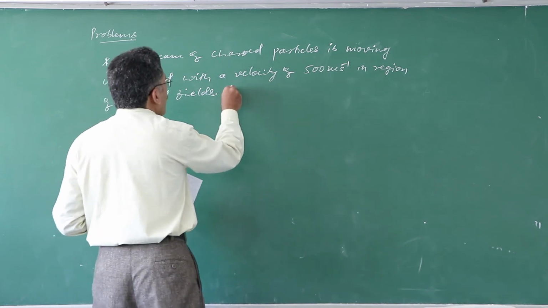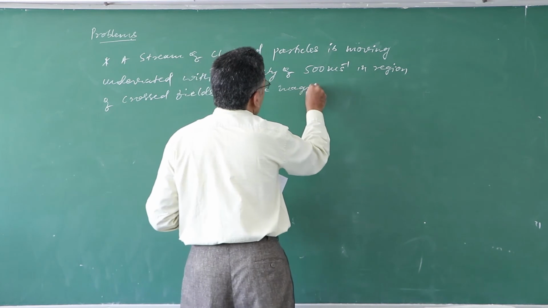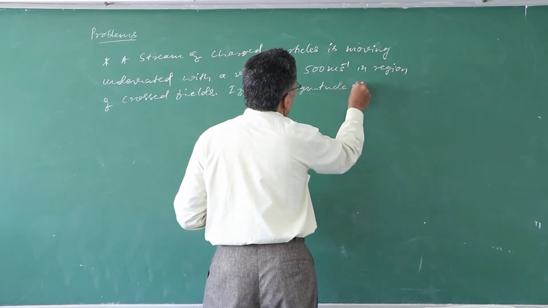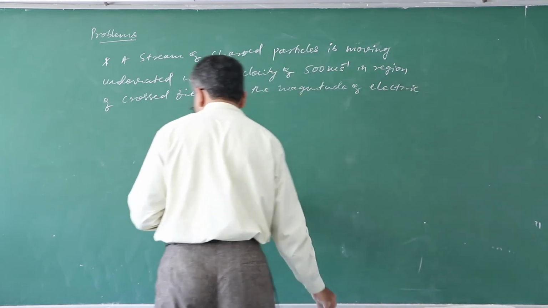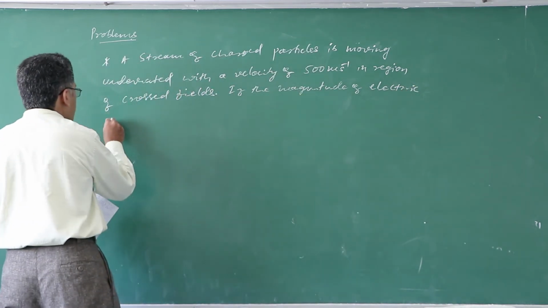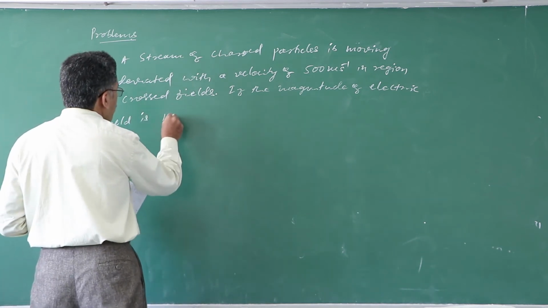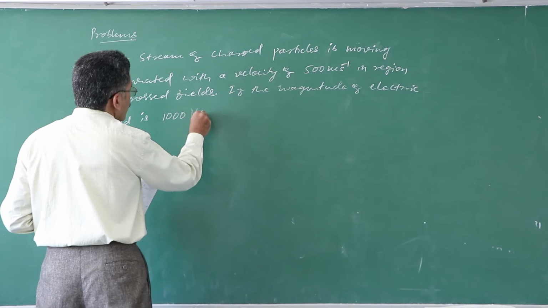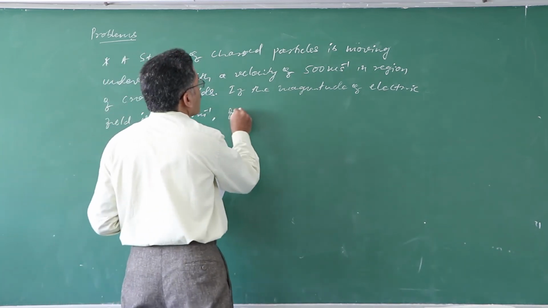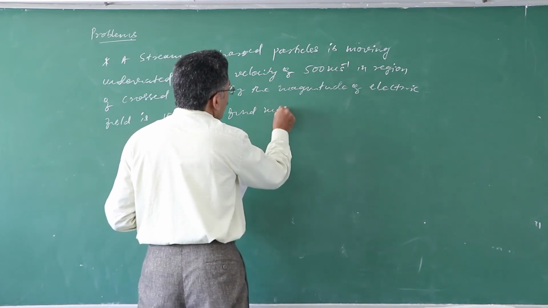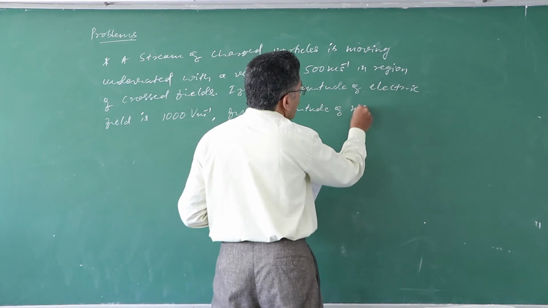If the magnitude of the electric field is 1000 volt per meter, find the magnitude of the magnetic field.